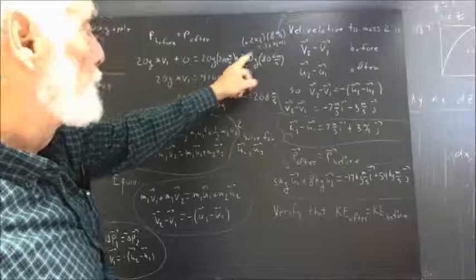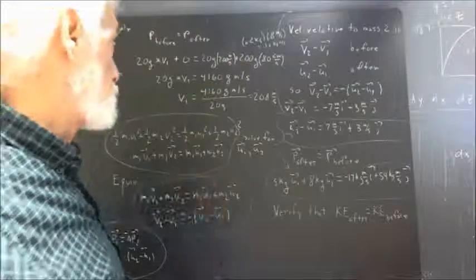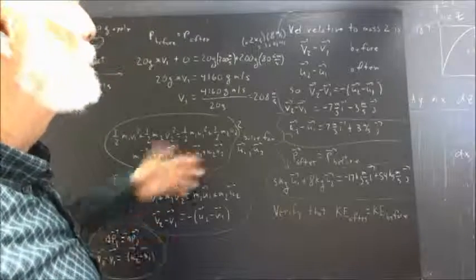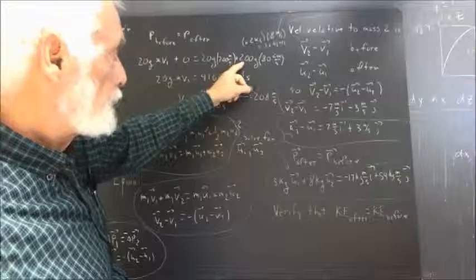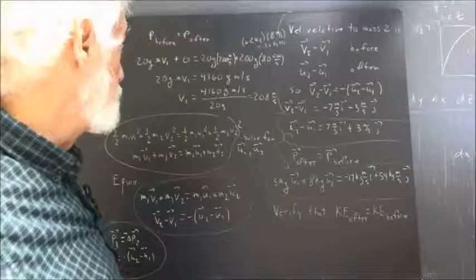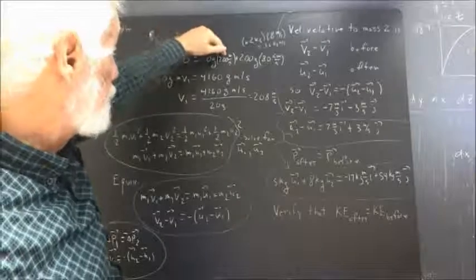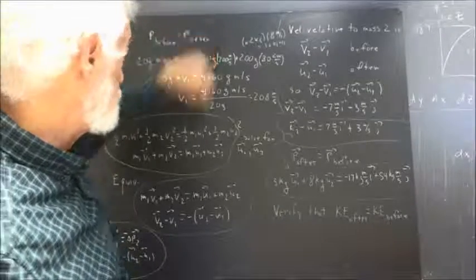This is 0.2 kilograms. Actually, I wanted gram meters per second, so we don't have to worry about the kilograms. 200 grams times 0.8 meters per second is 160 gram meters per second.